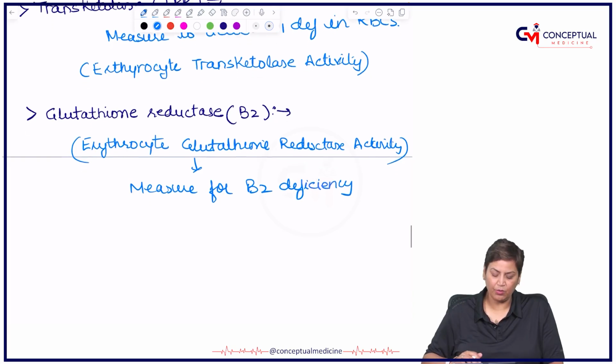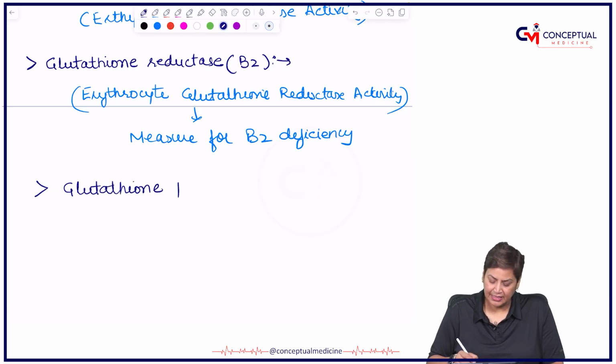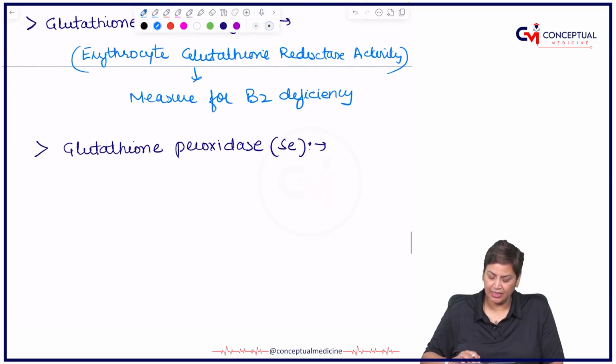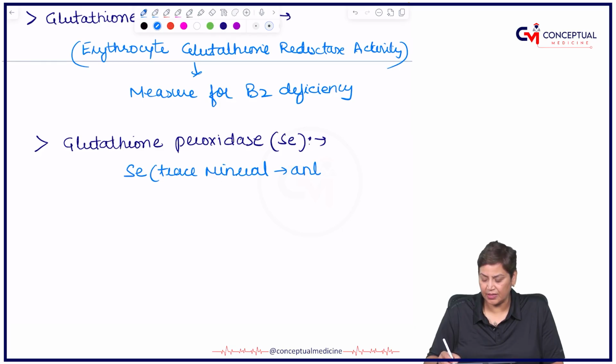These two are very important ones. And the third, which is also important, is glutathione peroxidase, which requires selenium as a cofactor. So what is selenium? Selenium is acting as an antioxidant. We know that selenium is a trace mineral, which functions as an antioxidant.